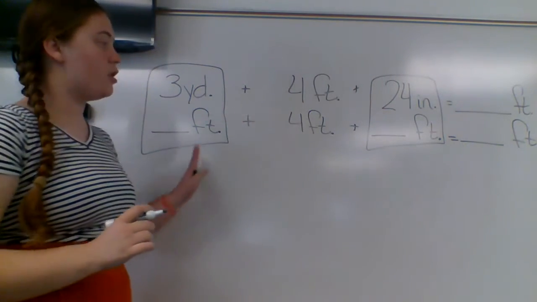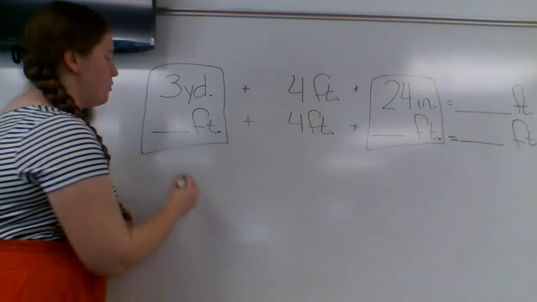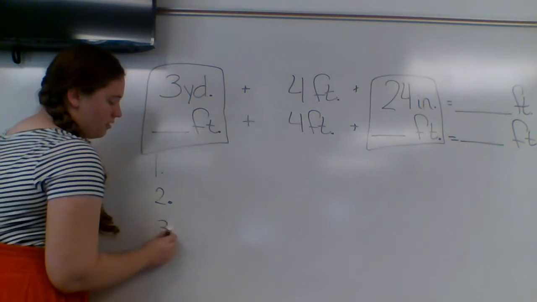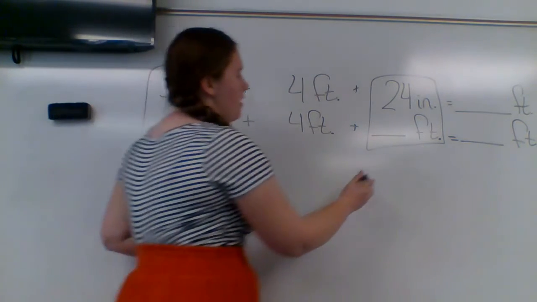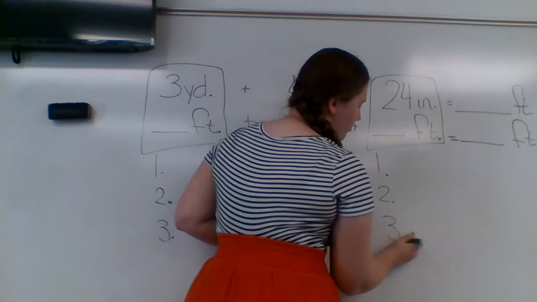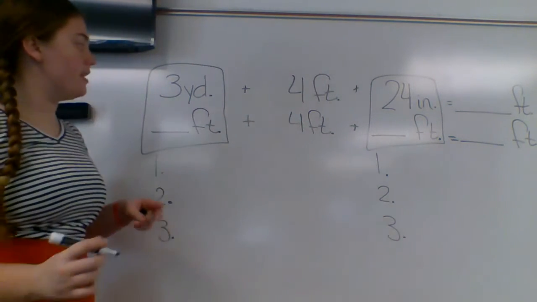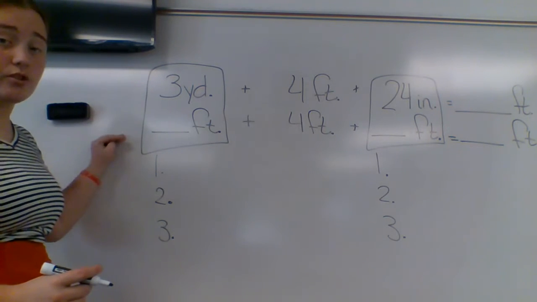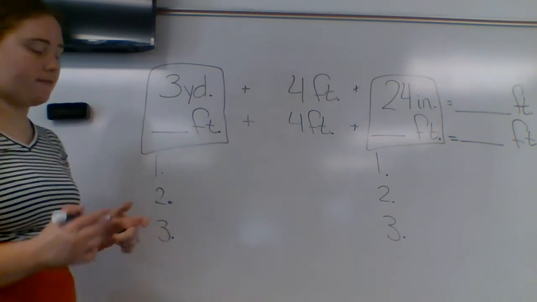So underneath your 2 boxes, you can go ahead and write your steps 1, 2, and 3. 1, 2, 3 over here, and 1, 2, 3 over here. So now I have over here 3 yards is being changed to feet. So I'm going from yards to feet.